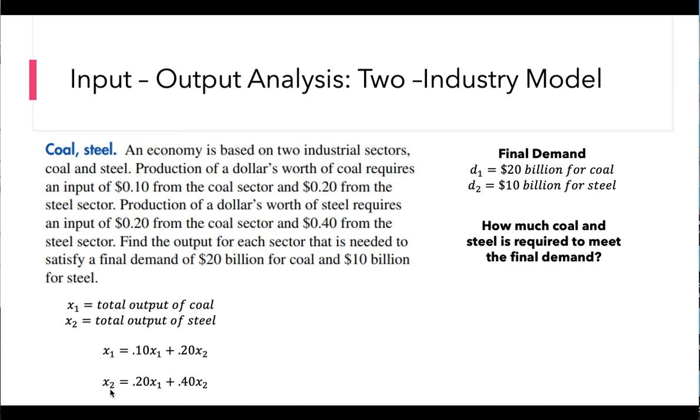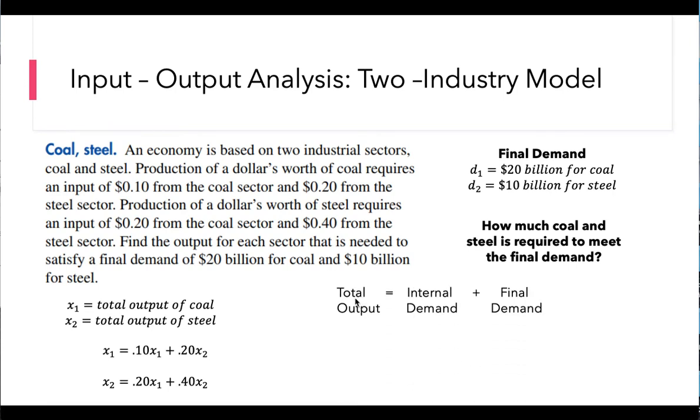And $1 worth of steel requires 20 cents from coal and 40 cents from steel. This I can find in the problem restrictions that were read to you. Look at what it says. Production of $1 worth of coal requires an input of 10 cents from coal and 20 cents from steel. That's where this equation came from. And same for this: 20 cents from coal, 40 cents from steel.